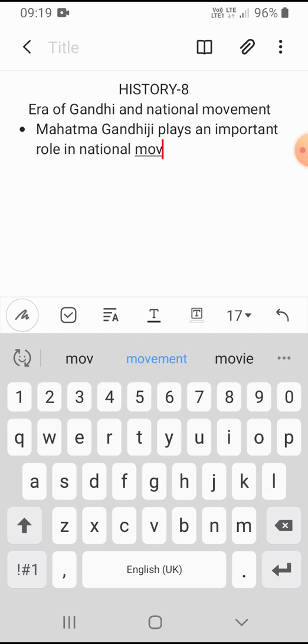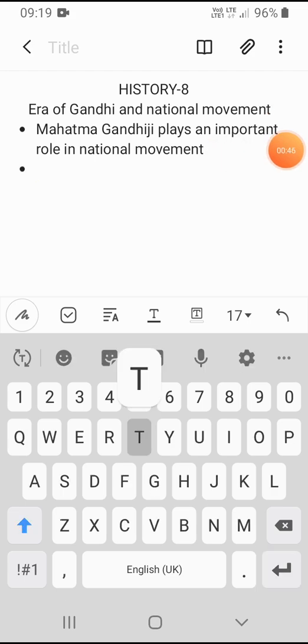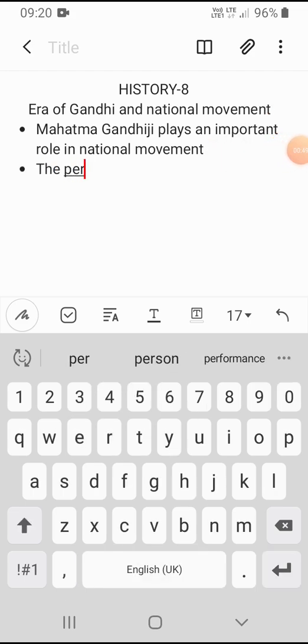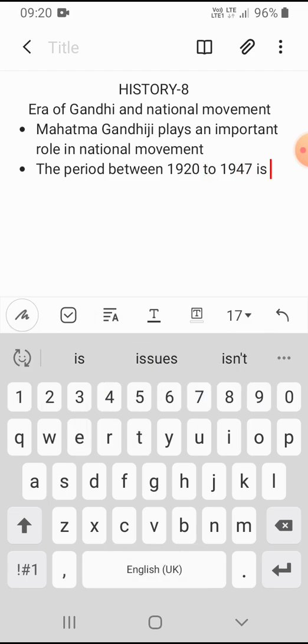The period between 1920 to 1947 is called the Gandhian era.